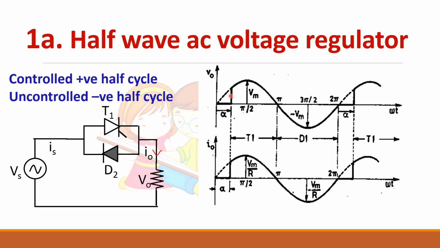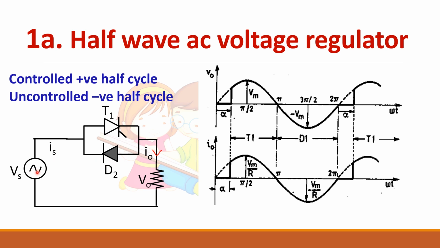So the thyristor starts conduction here and conducts till pi. At pi, it gets turned off automatically. So from alpha to pi, the T1 device will conduct. During the negative half cycle, there is no problem because it is a diode.